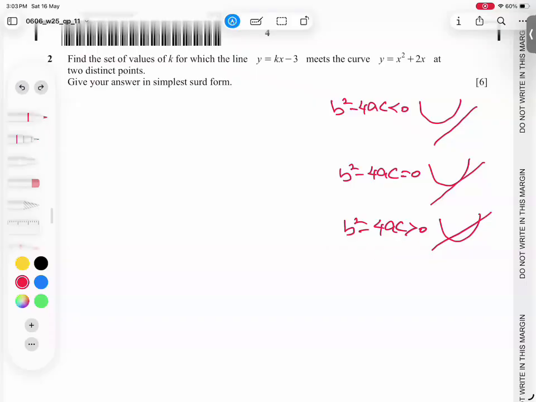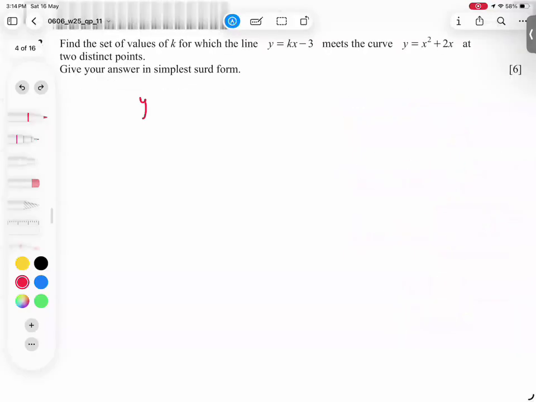But there are steps. Step number 1, y equal to y, or x equal to x. Make a quadratic equation, get a, b, c and apply the formula. Let's start. Step number 1. So I'm going to apply this formula. So y is equal to y.